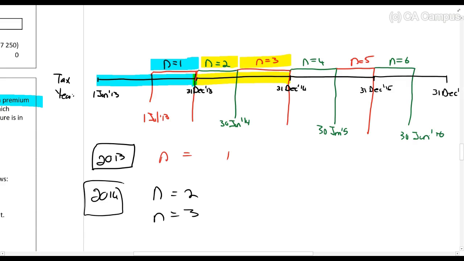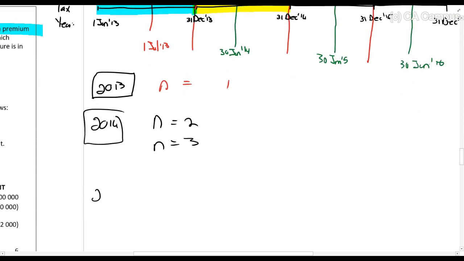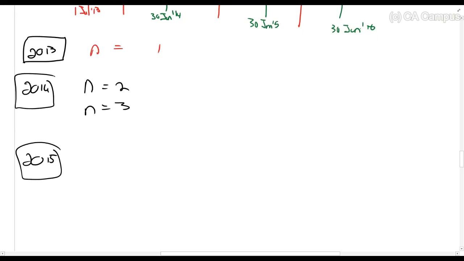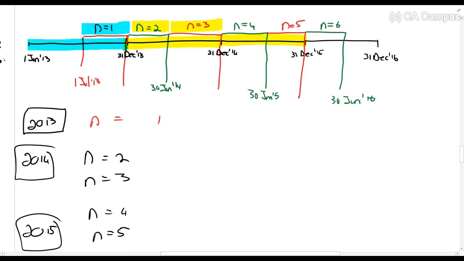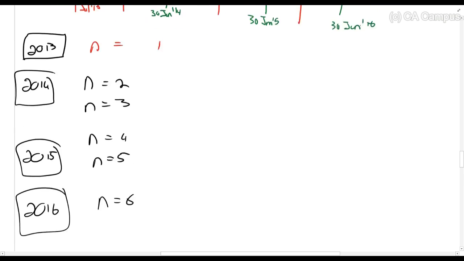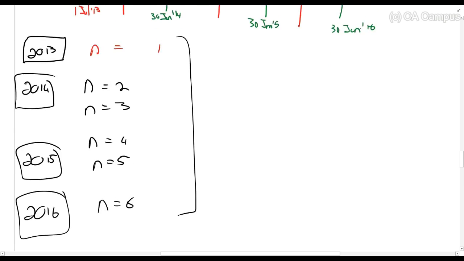So let's just continue. 2015, what do we have? We have N4 and N5. And then what do we have in 2016? It's this period over here, we have only N6. Basically what it means is that the interest for those periods is what will be included.